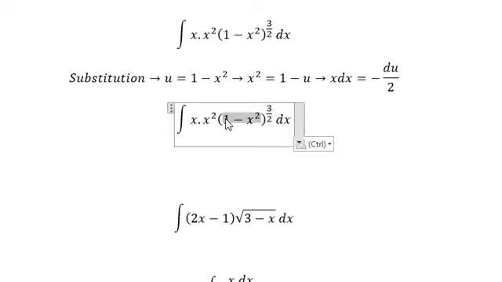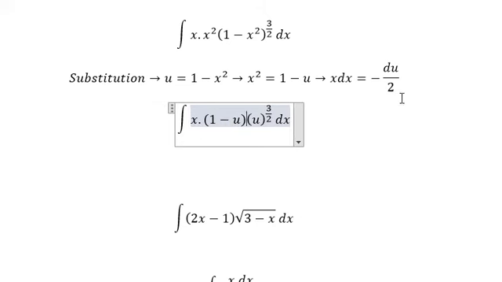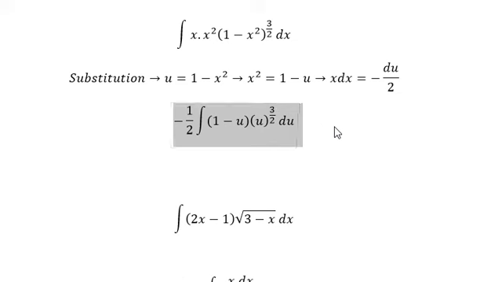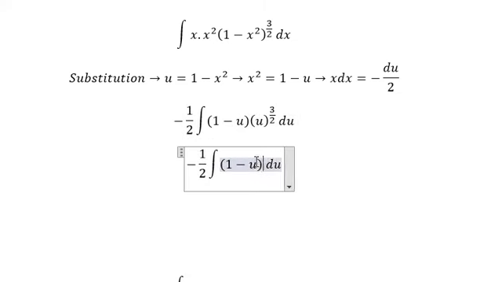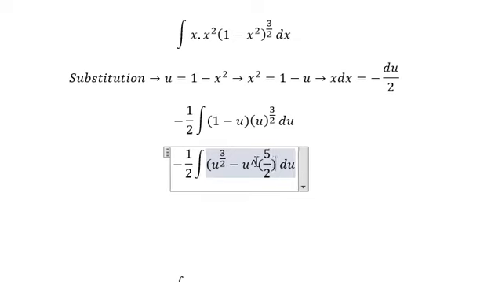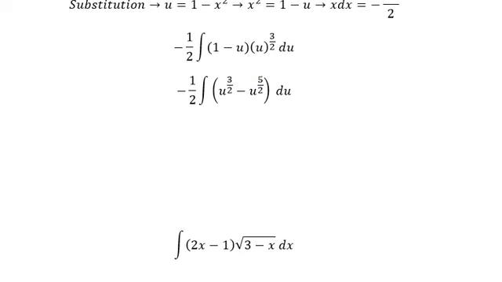So this one we change for u. S squared we change for 1 minus u. S ds we change for negative du over 2. This one multiplied by number 1 and u. And now we got the final answer.